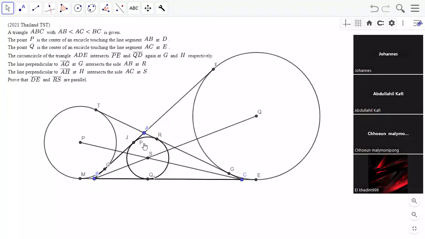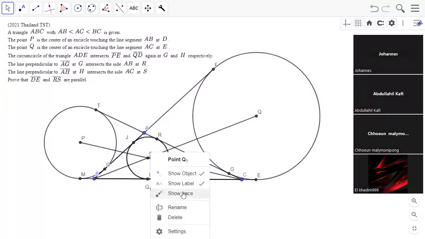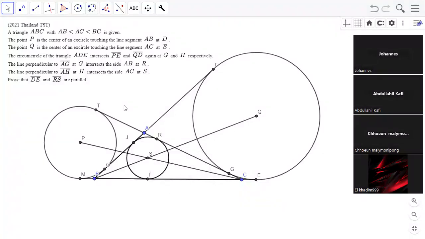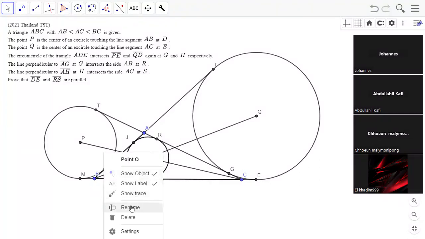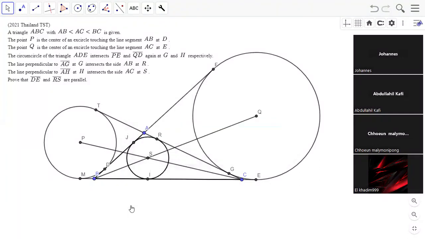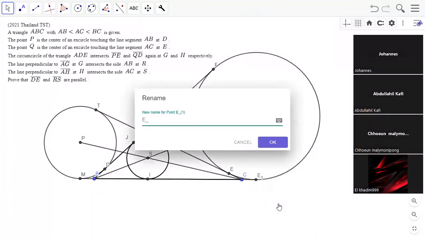Let me hide P1 and Q1. All right. So it touches AB at D, so this should be D. It touches AC at E. And I'll just call this X just because I'm lazy.